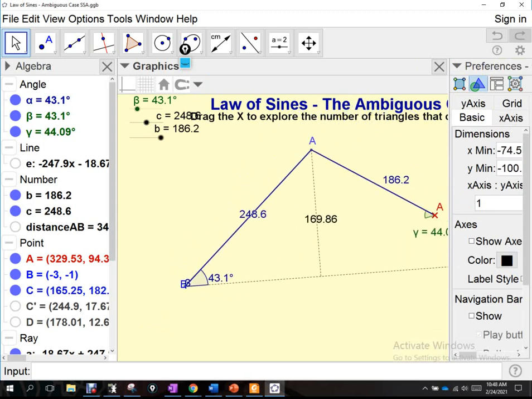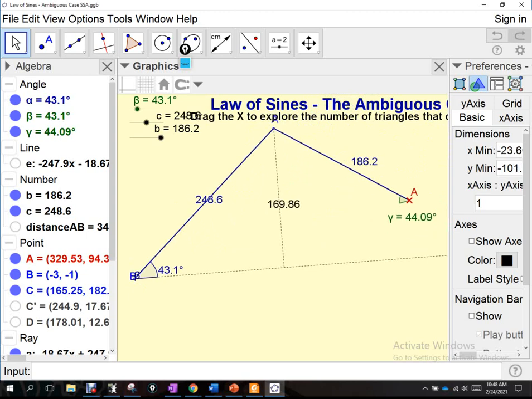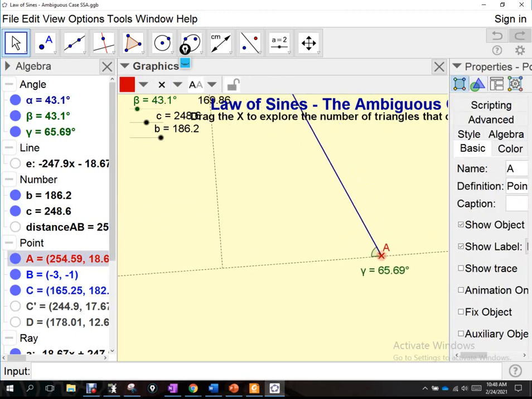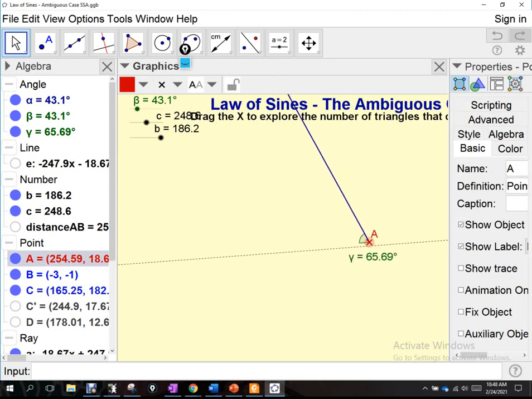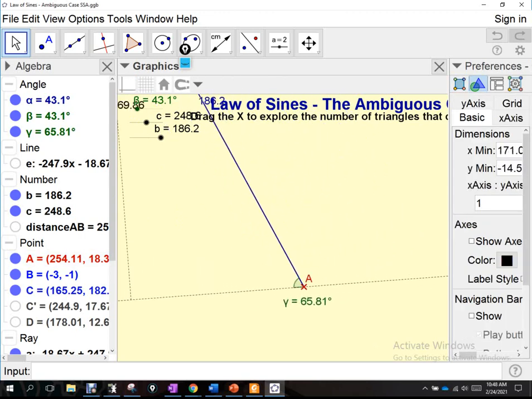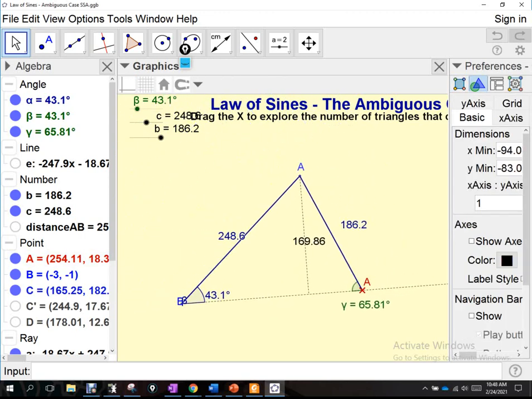So if I gave you the original information and you set up on your desk this 43.1, that side there and this side here, some of you are going to create this triangle with a 65.81 as an angle right there.